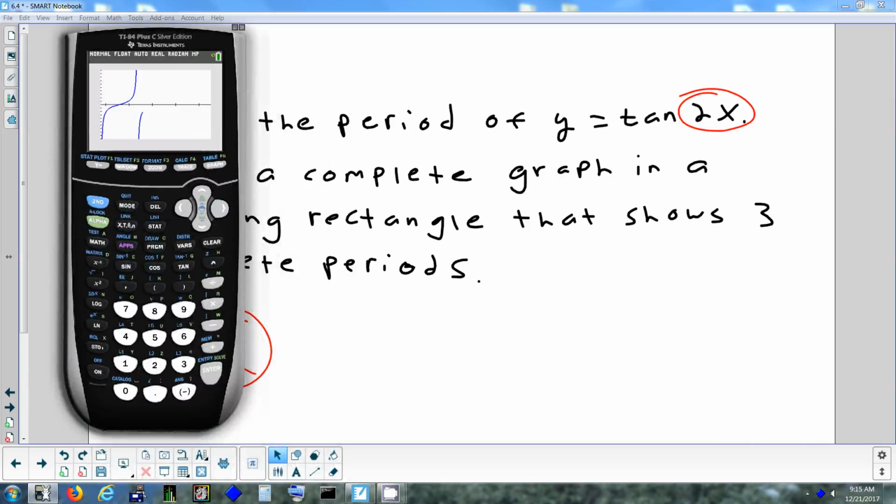So now we're going to be looking at 3 cycles that are connected, not half cut off. Any question on how we did that? So sometimes you want to do that. You want to see a graph that just looks nice, so you don't have half of it on the left edge of the screen and half of it on the right edge. Okay?